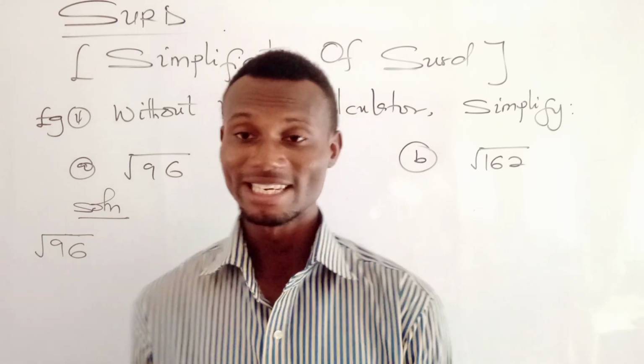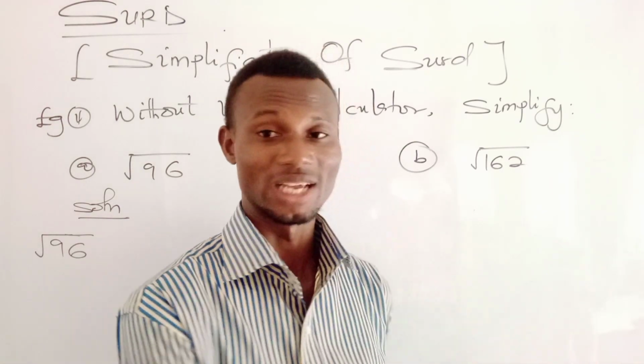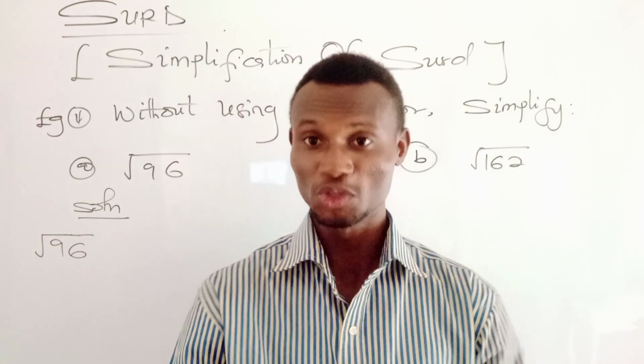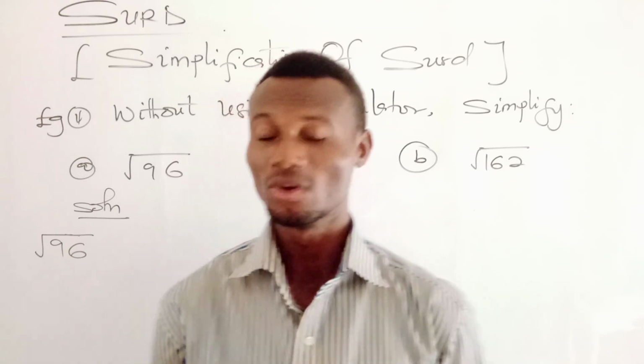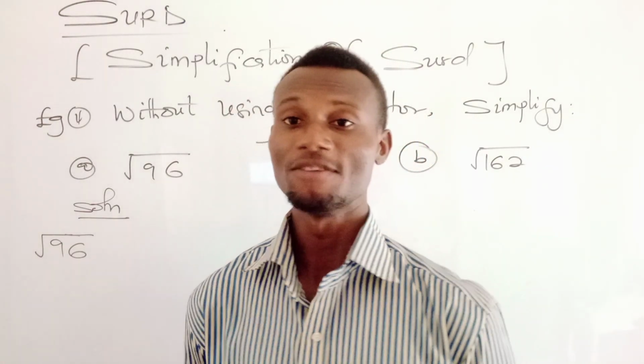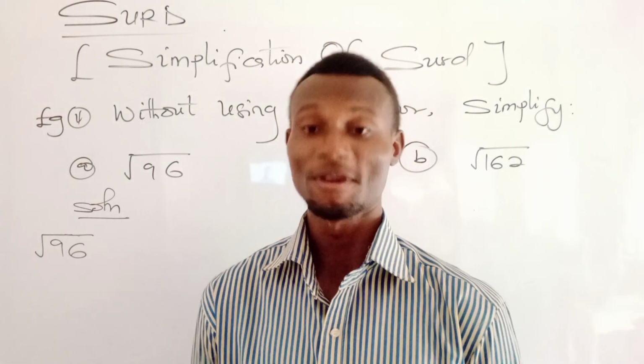But in this session I'm not going to list all the possible pairs down, because I believe by now you understand it. So you can go through that process. I'm going to give you the two numbers that can multiply to give you the 96 straight away, but having one of them as a perfect square.